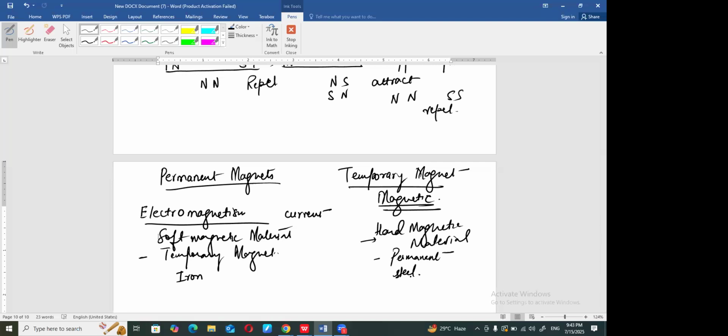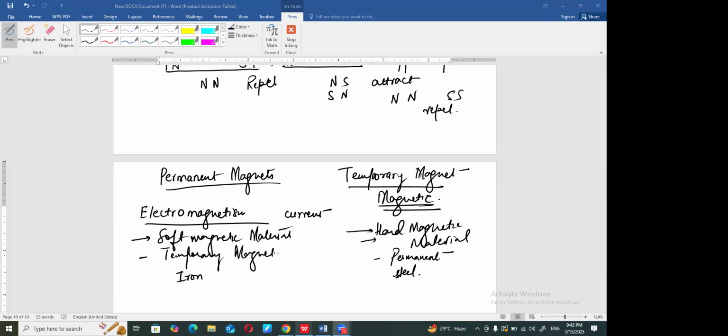So, electromagnetism, soft magnetic material and hard magnetic material. Once we understand these, we will especially focus on electromagnets, magnetism due to electricity.